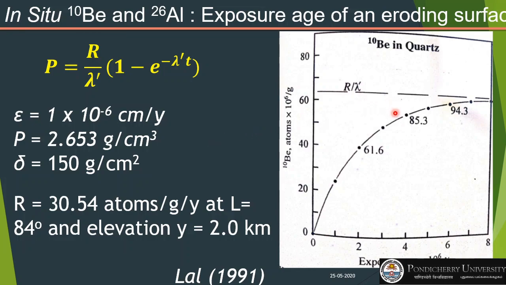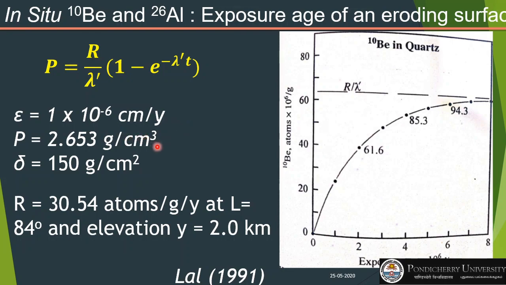For example, this is one example shown in this particular slide. Again, I am referring to Professor Lal's 1991 work, where the erosion rate is 1 times 10 to the power minus 6 centimeter, one millionth of a centimeter per year.